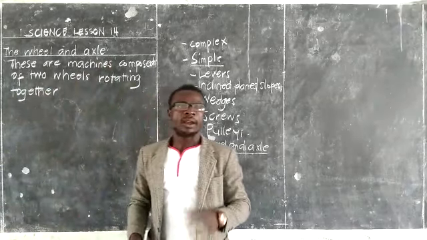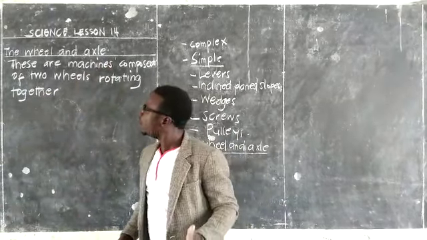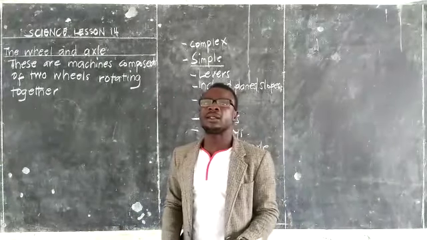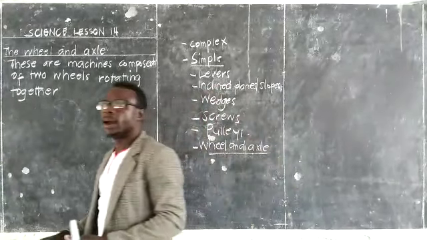The wheel and axle are machines composed of 2 wheels rotating together.